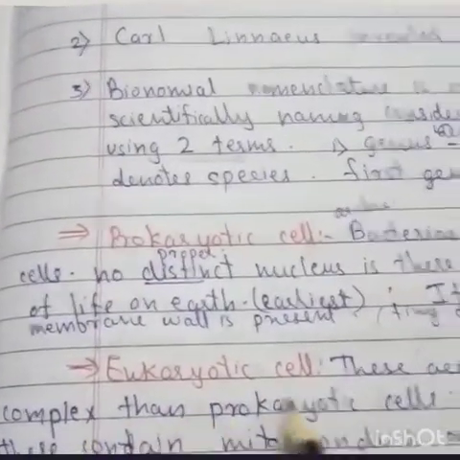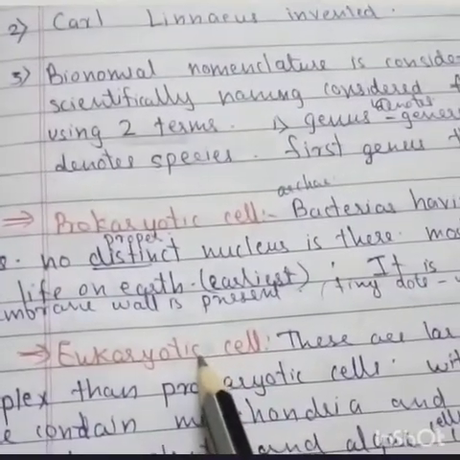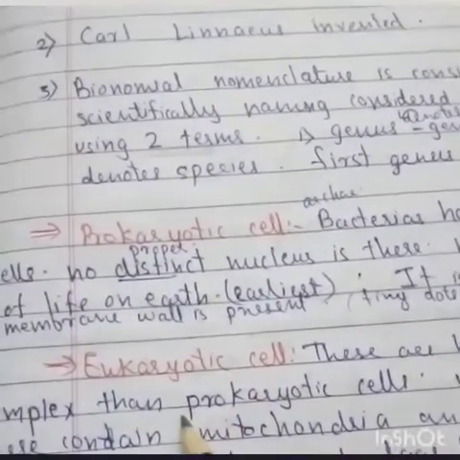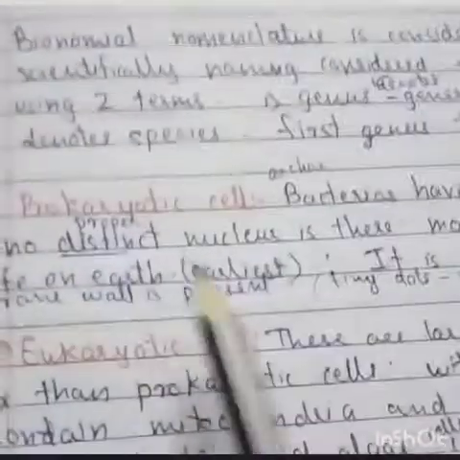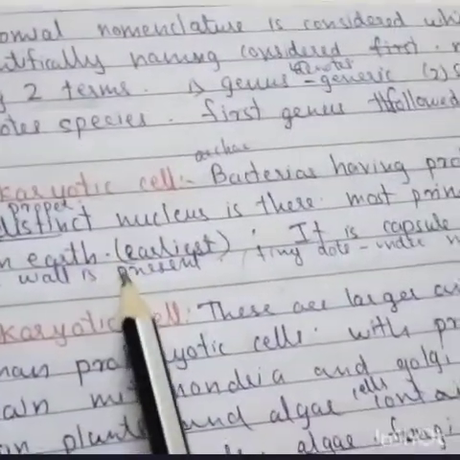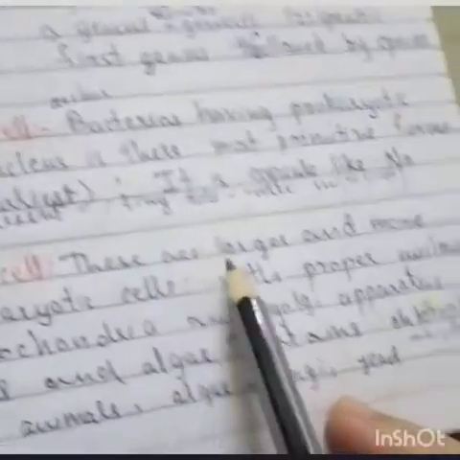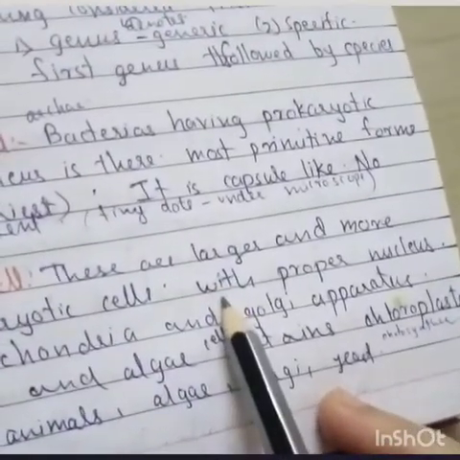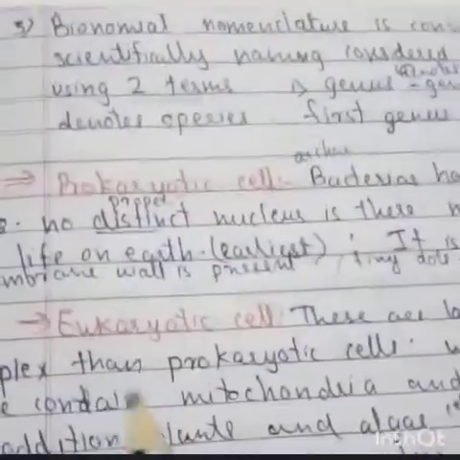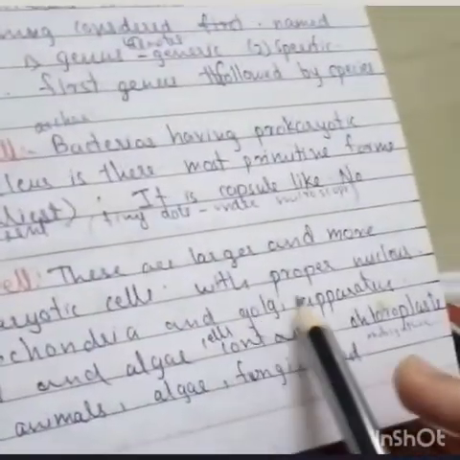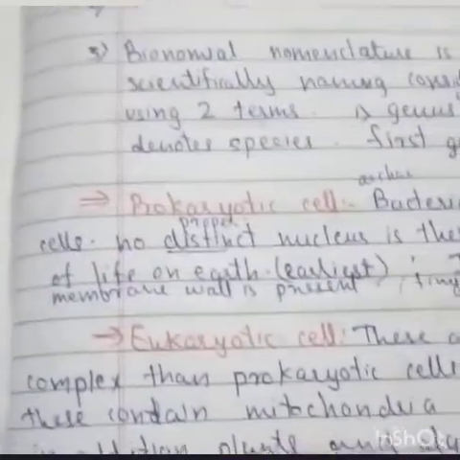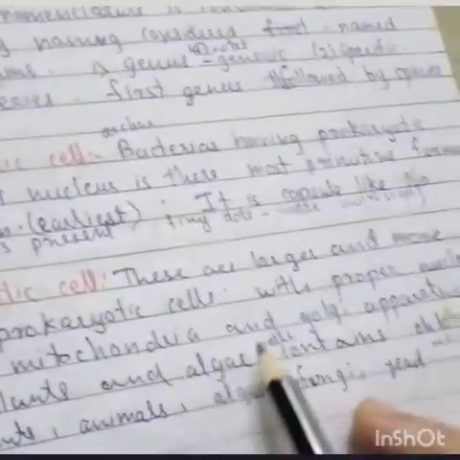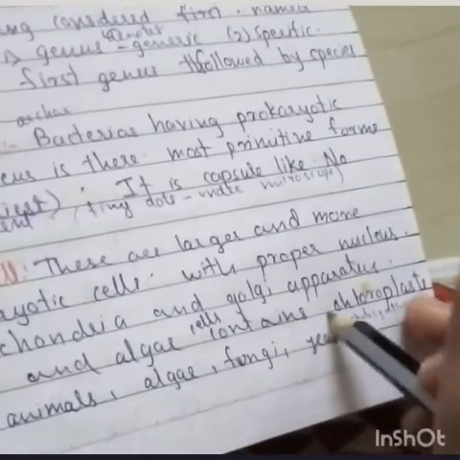Now eukaryotic cells are larger and more complex than prokaryotic cells. In prokaryotic cells, no proper or no distinct nucleus is present, but in eukaryotic cells, a proper nucleus is present. These contain mitochondria and Golgi apparatus. In addition, plants and algae cells contain chloroplast.